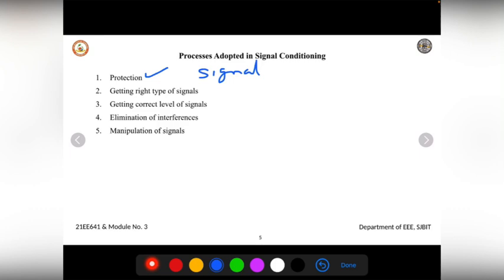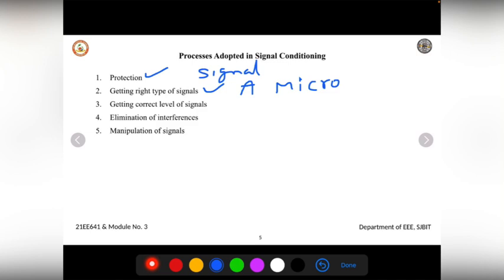The second one, getting the right type of signal, is very important here. The output signal of a transducer may be of an analog type. If you need to convert it to a DC voltage or current, or to a digital nature, I make use of a microprocessor, which will be used to convert the analog signal to a digital signal.